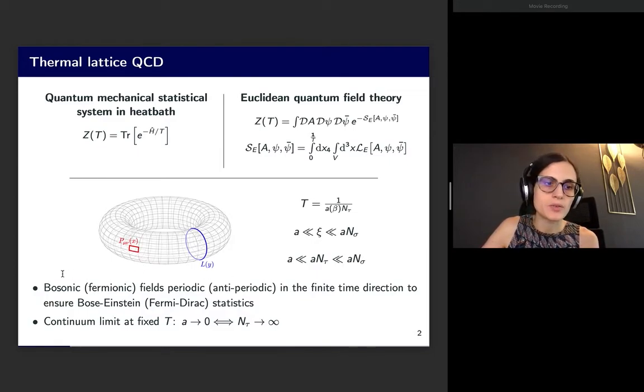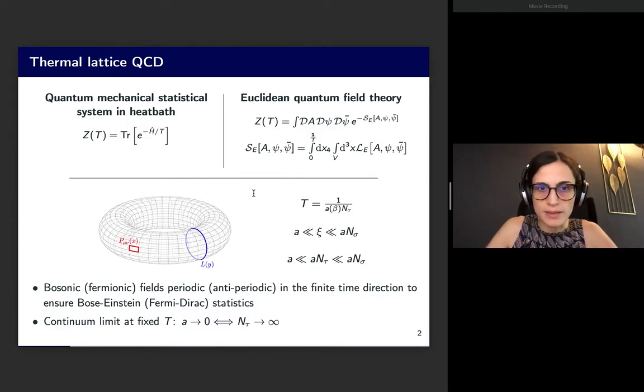In particular, to have a bosonic statistic, you want your fields to be periodic in the finite time direction, and for Fermi-Dirac statistics, which is the correct statistic for fermionic degrees of freedom, you have to ensure anti-periodic boundary conditions in this toroidal manifold that you have built in the lattice. Because actually, if you think about it, in a two-dimensional example, our lattice would then look exactly like this torus. And in the following, we will study the different lattice observables that can be measured on that torus.